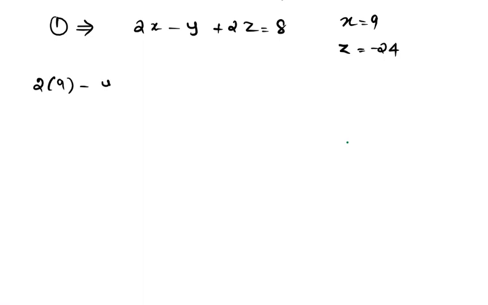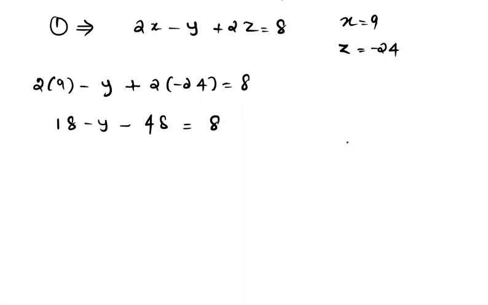Equation number 1 is 2x minus y plus 2z is equal to 8. x is equal to 9 and z is equal to minus 24. Now 2 into 9 minus y plus 2 into minus 24 is equal to 8. 9 2s are 18 minus y minus 48 equal to 8.